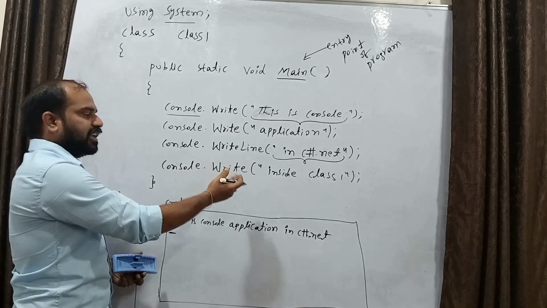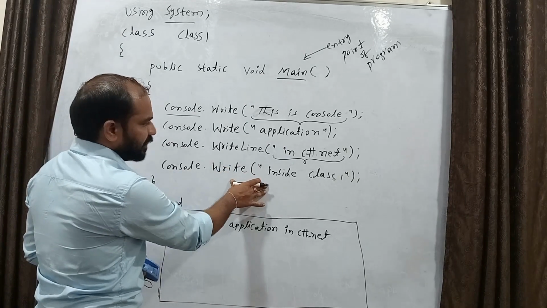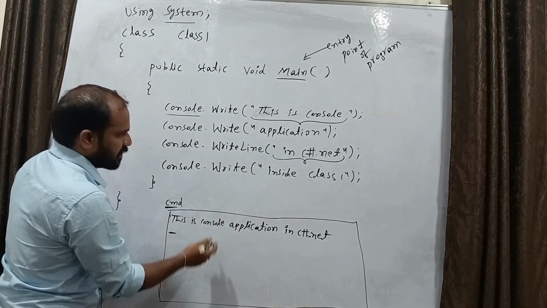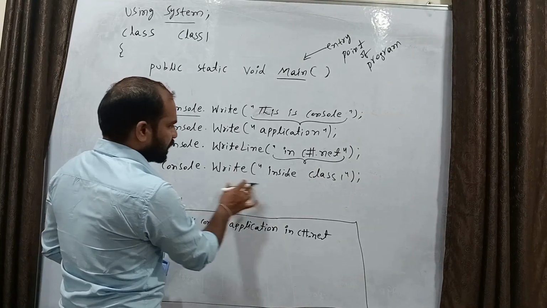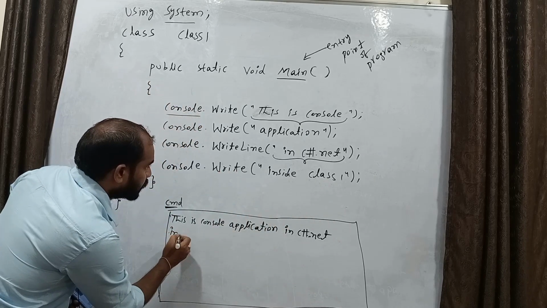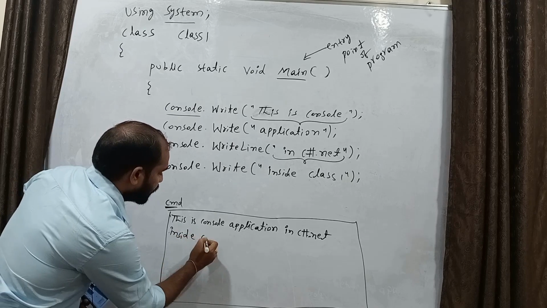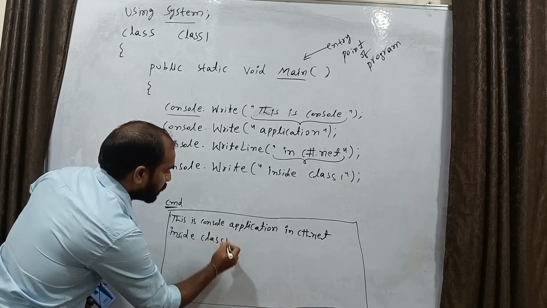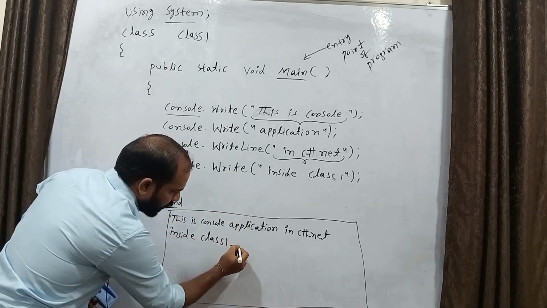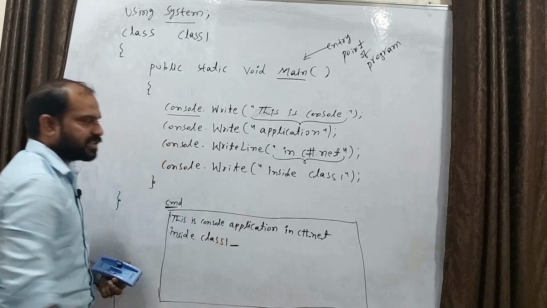So if you have any next upcoming write methods in your program, that data is going to get written in the next line. Now the next method is the write method inside class 1. So from here the data is going to get written in the command prompt, class 1. Now, because this is a write method, the cursor is going to stay in the same line.